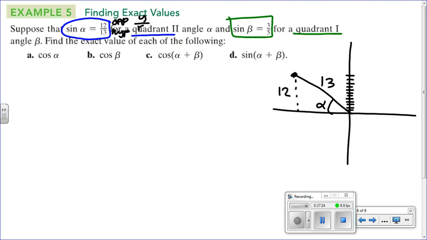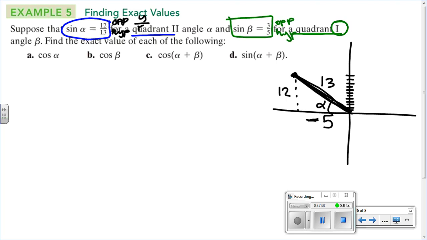So what will be the adjacent side? It's negative because we're talking about an x value, right? Negative 5. Very good. Now for the other angle, beta, that one is in quadrant 1. And we're again given the opposite and the hypotenuse.